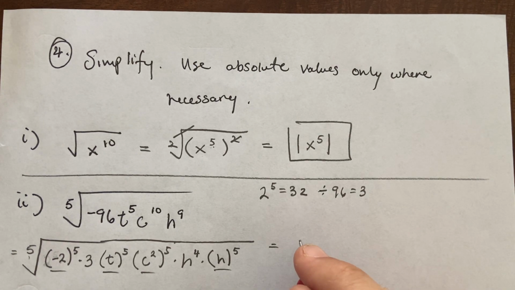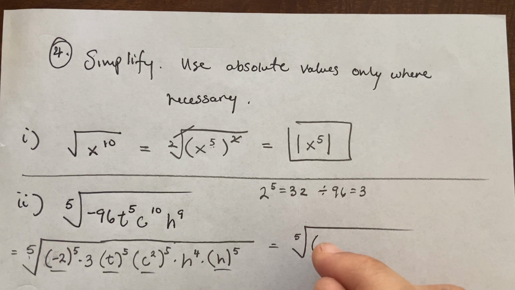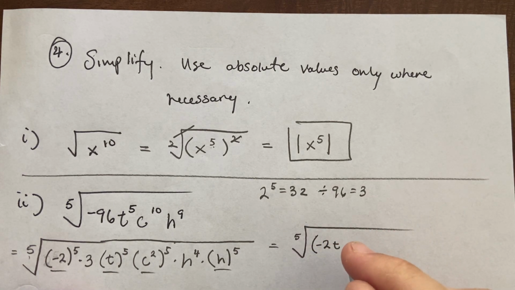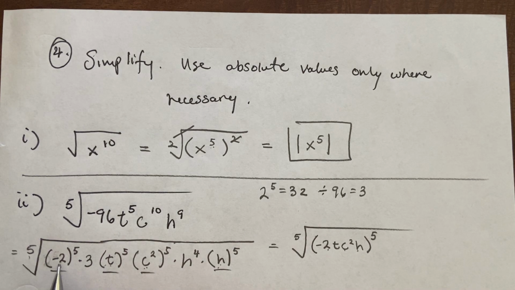So we have now the 5th root of, let's see, I'll bring the 5th power outside also. So I have negative 2t c squared h to the 5th. Right, everything I had, negative 2t c squared h, each of those things were being raised to the fifth power.